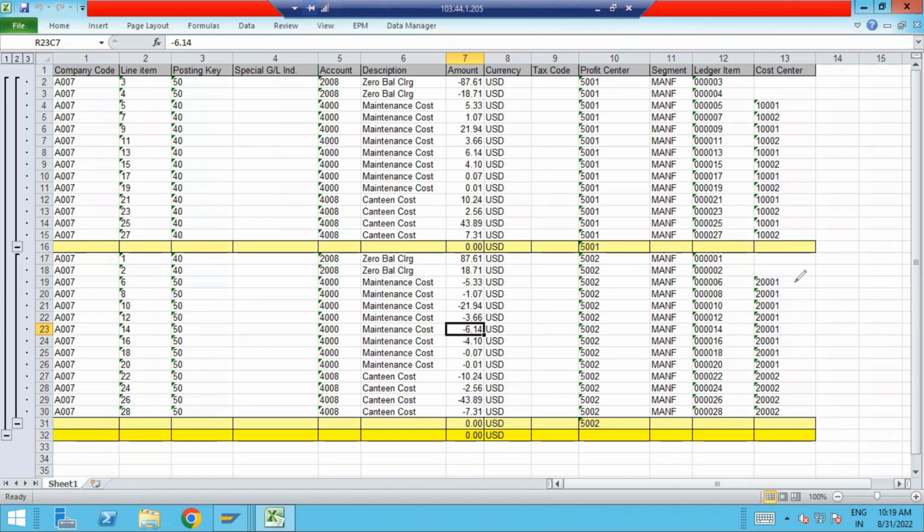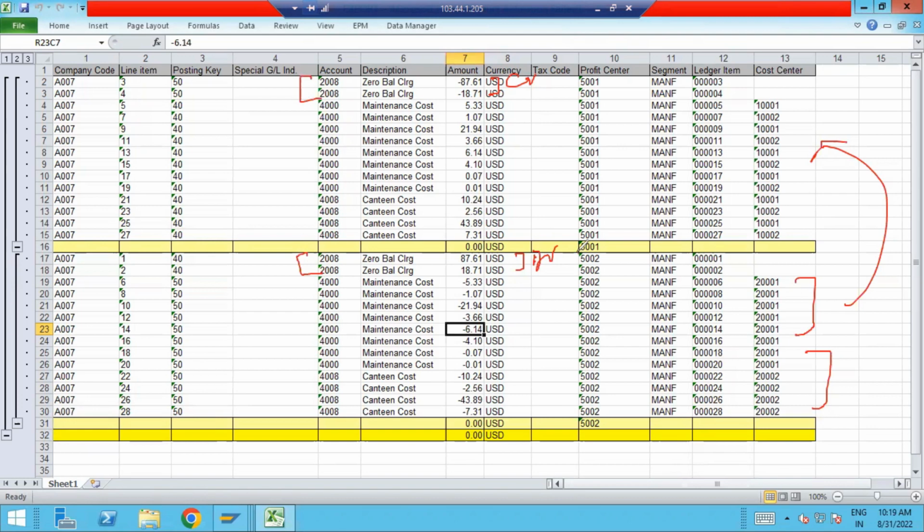So we are transferring these values from this cost center to the production cost center, and to make both the profit centers balanced, we have these zero balance entries. So this 2008 account, you can see it is equally debited and it is equally credited. So here we have the credit entries. These two are your credit entries and these two are your debit entries, so that both the profit centers are balanced, and in the trial balance there will be no difference.